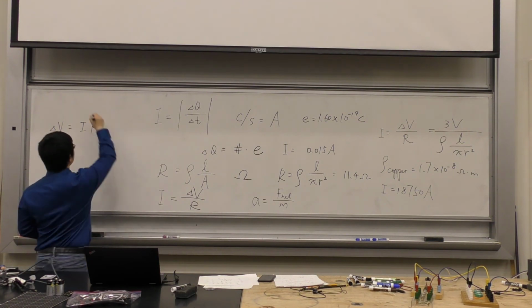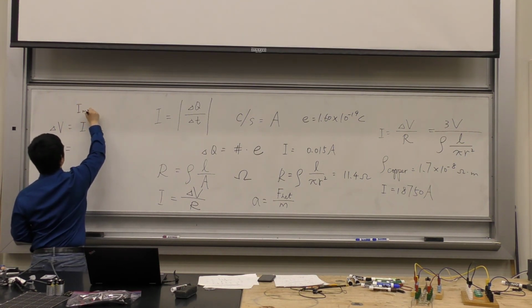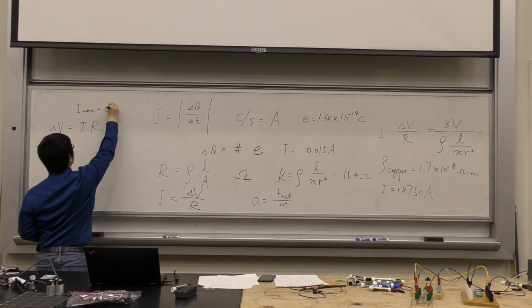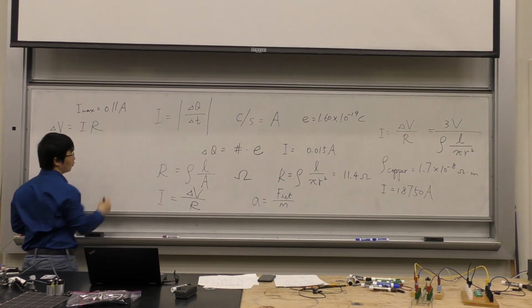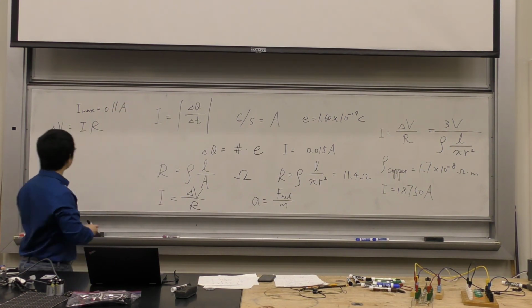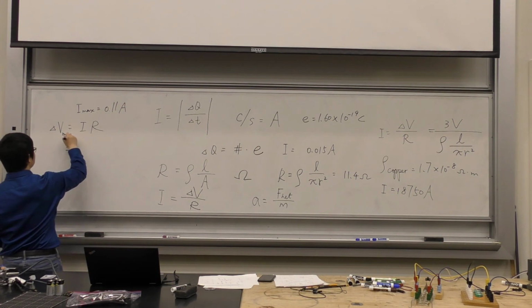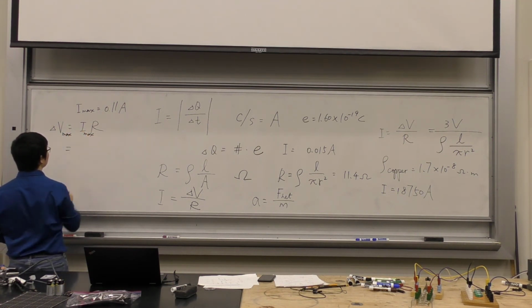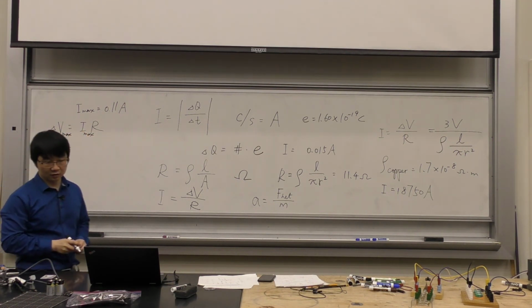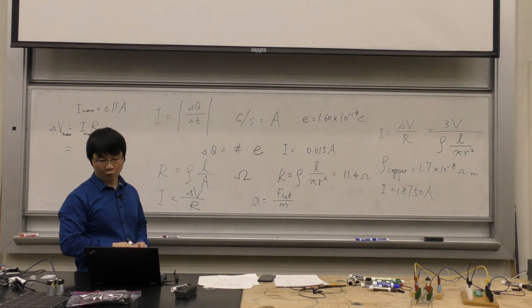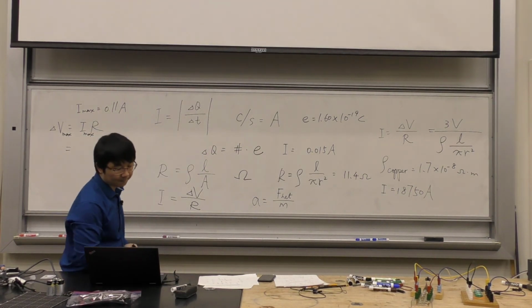We're just going to use this maximum, the maximum current a human body can take. You convert it to amps, that's 0.11 amps. So we want the maximum voltage, the safe voltage for a human, that a human can take before we die.